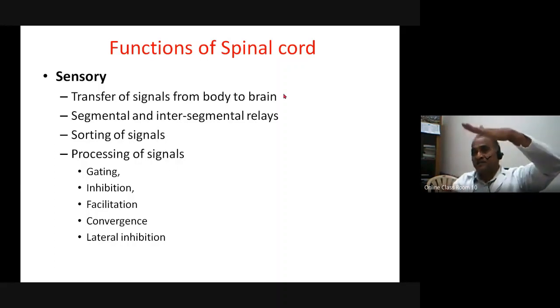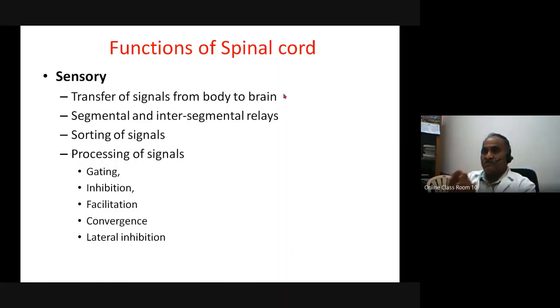That means intersegmental relays. As a part of the sensory signal, they sort the various signals coming in the different areas, that is the gray matter of the spinal cord. So the lamina 1 to lamina 10, they are all sorted.